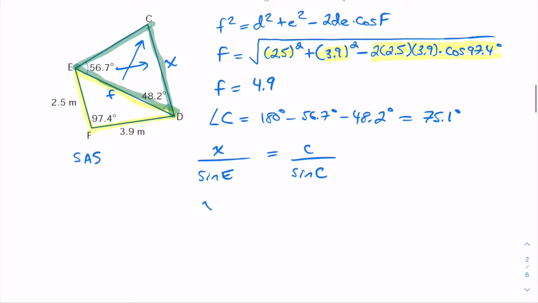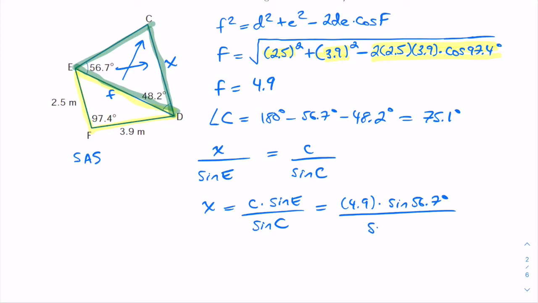Solving for X, we have the following: c multiplied by the sine of angle E, all divided by sine C. Plug in the values that we have, so side c, which is the shared side, would be 4.9, multiplied by the sine of angle E, that would be the sine of 56.7 degrees, and all of that is divided by sine of angle C, which we just found, so that's the sine of 75.1 degrees.